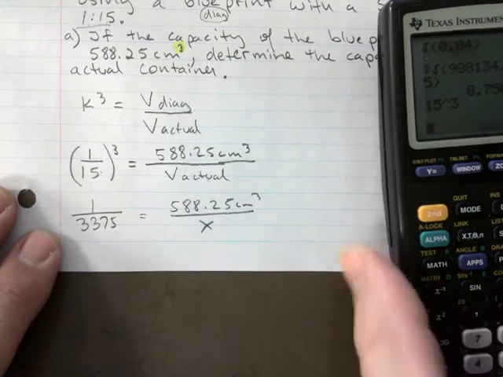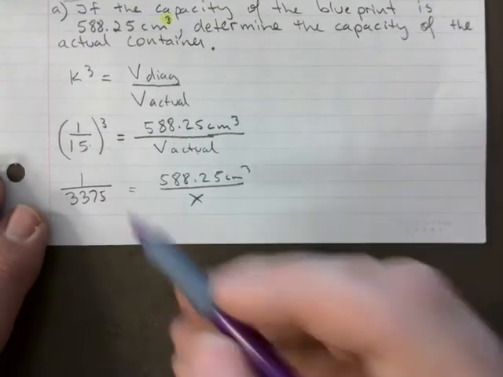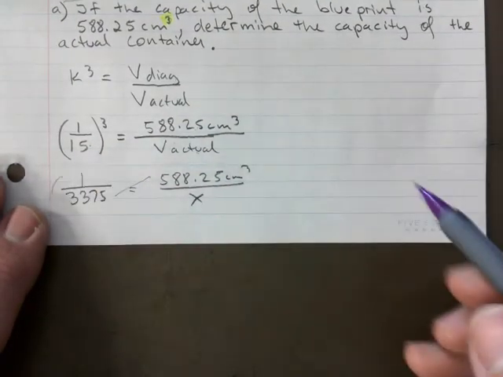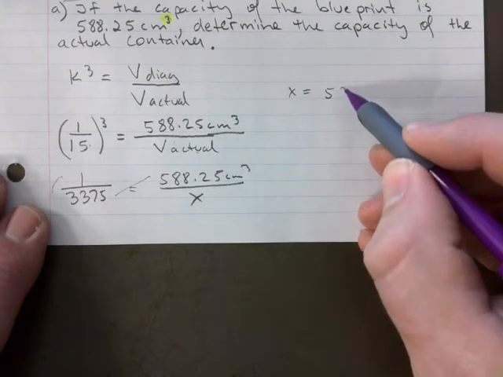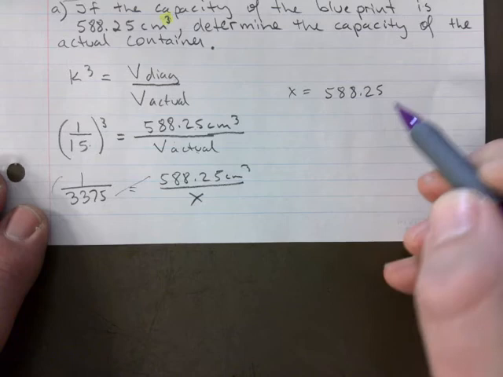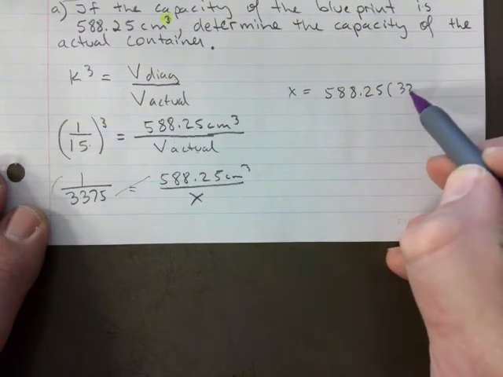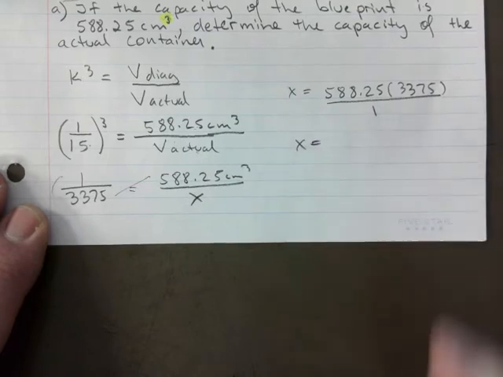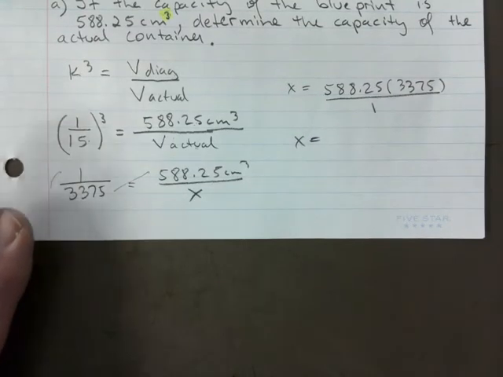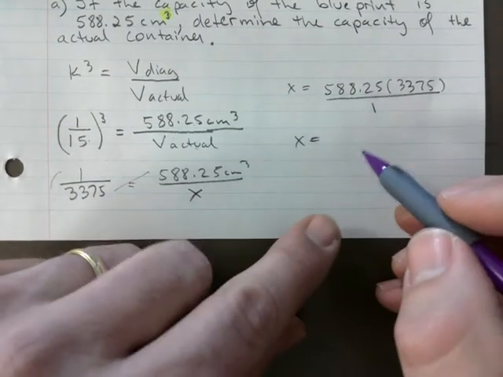And I will make that x, right? So you cross multiply and divide. In this case, it's almost irrelevant to divide by 1, but let's stick with the steps so we don't forget about it, right? So in this case, it's going to be a big number.